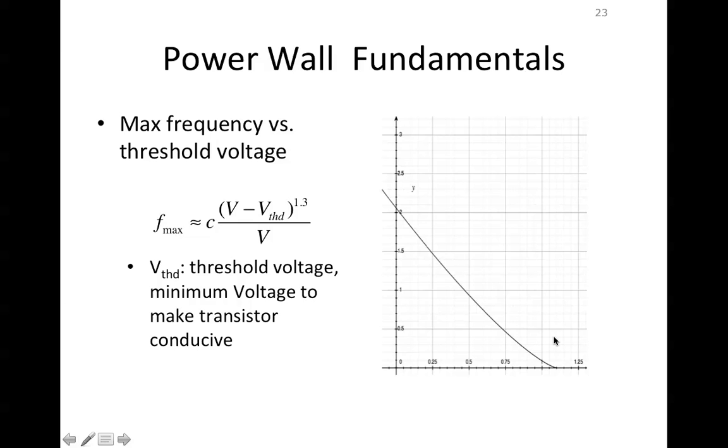So what we are interested in is the shape of the curve. Okay? So when you reduce the threshold voltage, so we go to the left on the x-axis, we see an increase in the maximum clock frequency. Okay? So essentially, in order to improve clock frequency, you can do that by increasing the distance between the supply voltage and the threshold voltage.